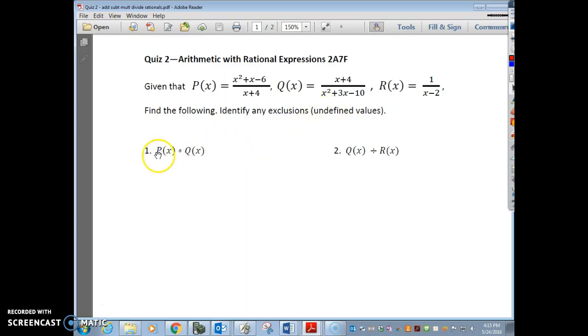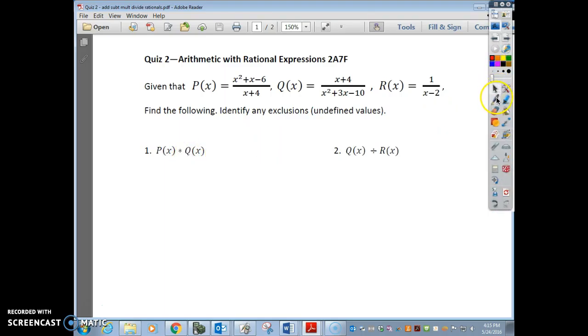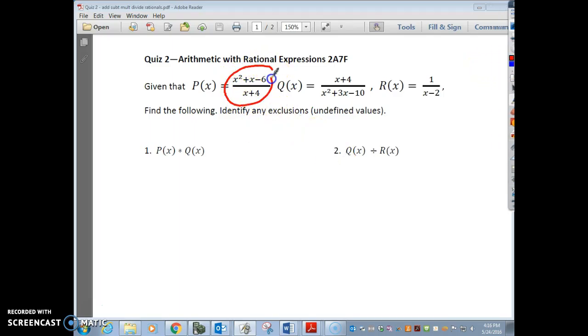Number one says, take P of x and multiply by Q of x. What that means is we're going to take P of x, which is this one right here, and Q of x, and we're going to multiply them. And hopefully it'll reduce since it's fractions, and we have a final version of it.